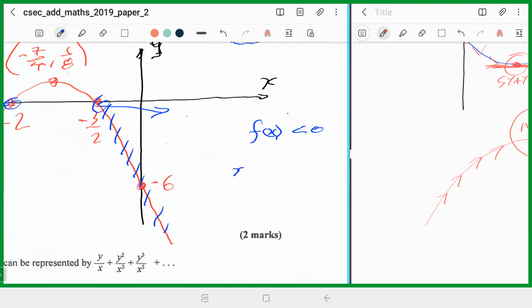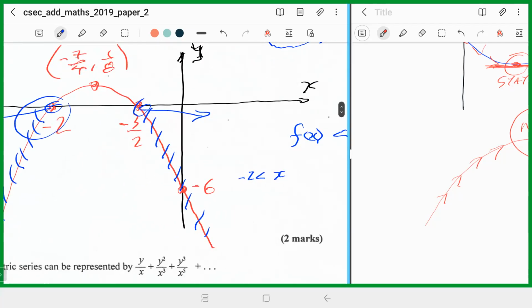That's outside this root. That's the solution set. You can do it like that.